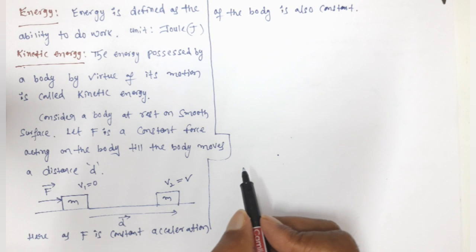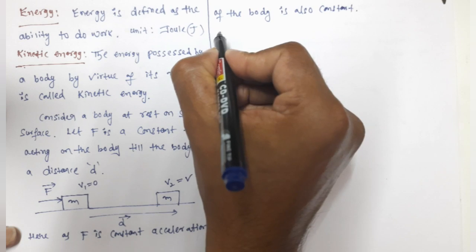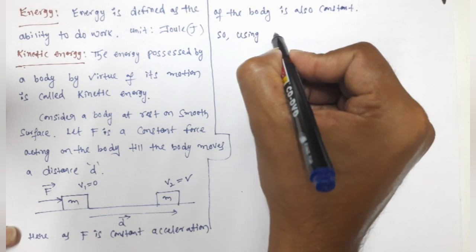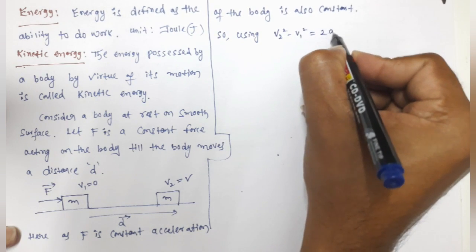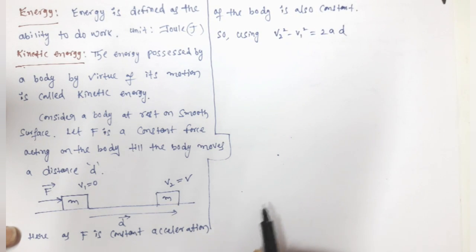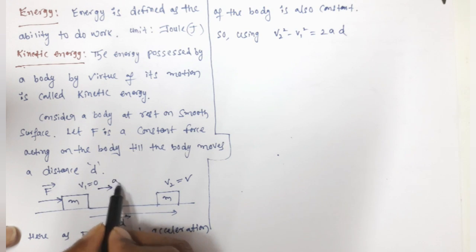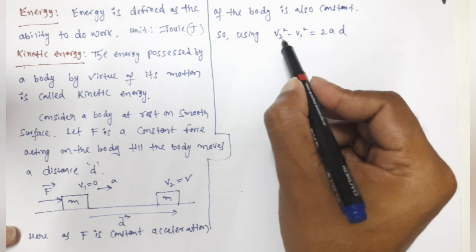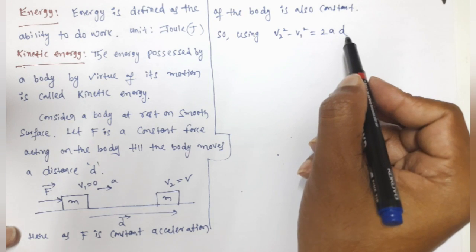So whenever acceleration is constant, we can use equations of motion, right? Using v2 square minus v1 square is equal to 2ad. As F is pointing this way, acceleration also points this way. So final velocity square minus initial velocity square is equal to 2 times acceleration into displacement. We can write this equation.